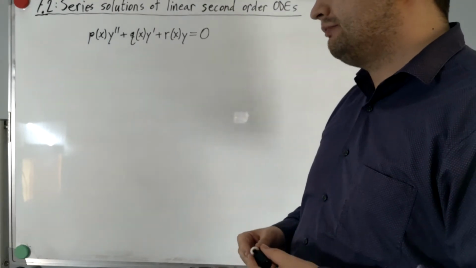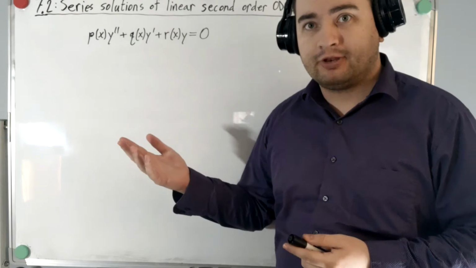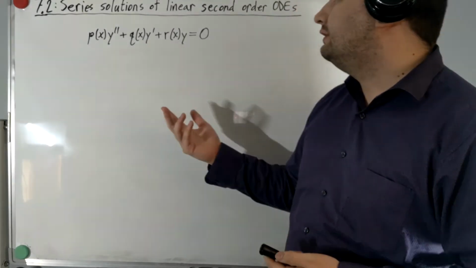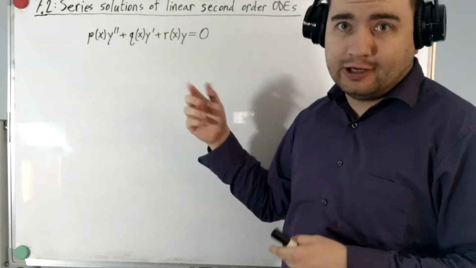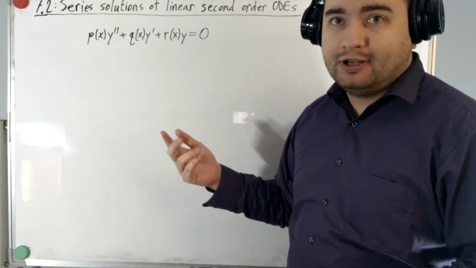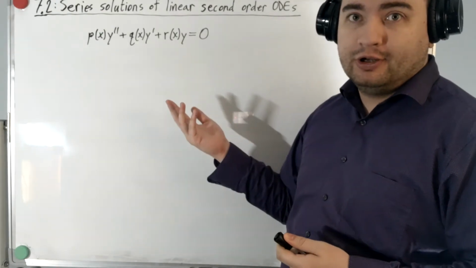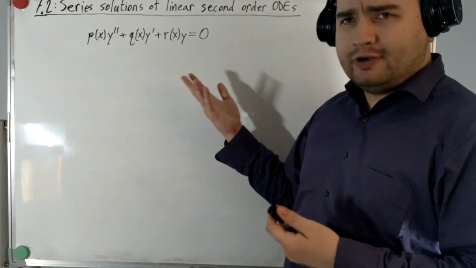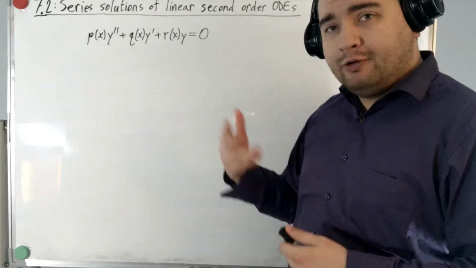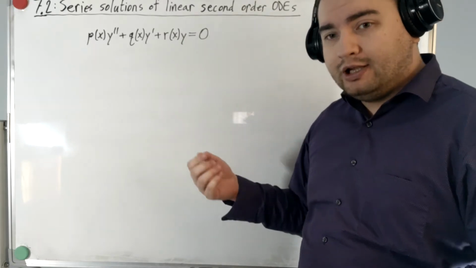And so far, we've only considered the case where P, Q, and R are in fact constants. That's when you can use the characteristic equation or the Laplace transform. But what if they're not constants? Well, in that case, you're dealing with a much harder situation.